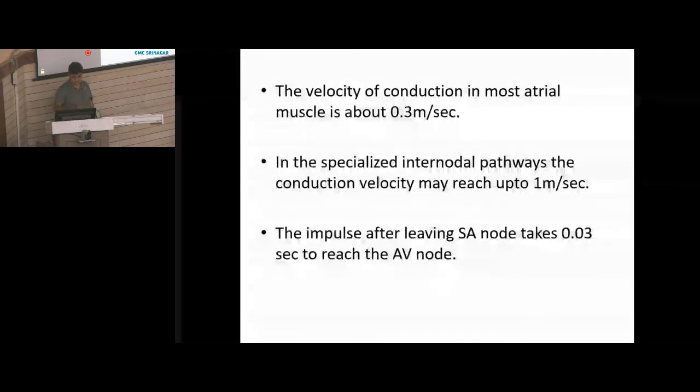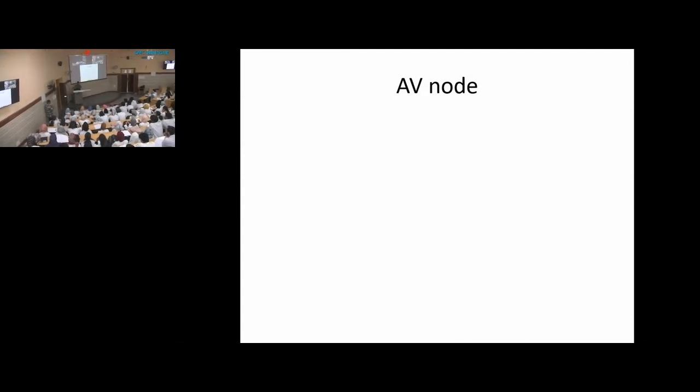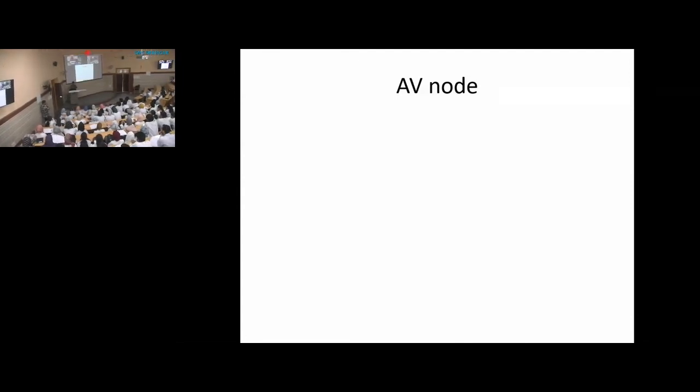The impulse has spread all through the atria, and the atria will go into contraction, but that's a different story. In case of conduction defects, this time may be more than usual, but normally it is 0.03 seconds for the impulse to reach the AV node.